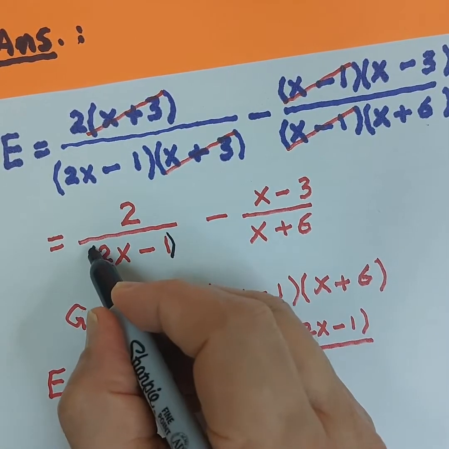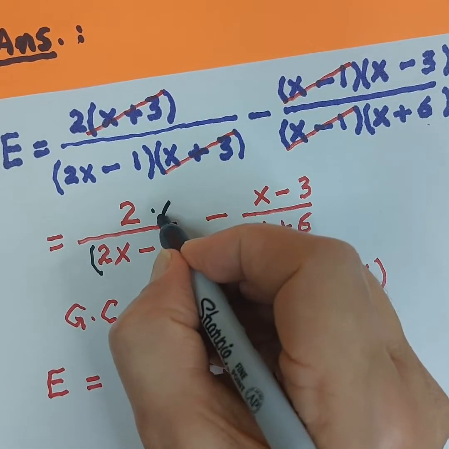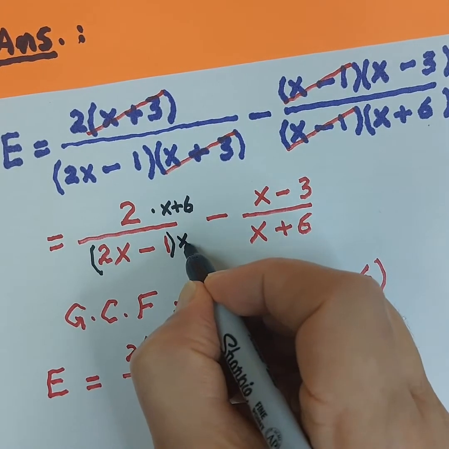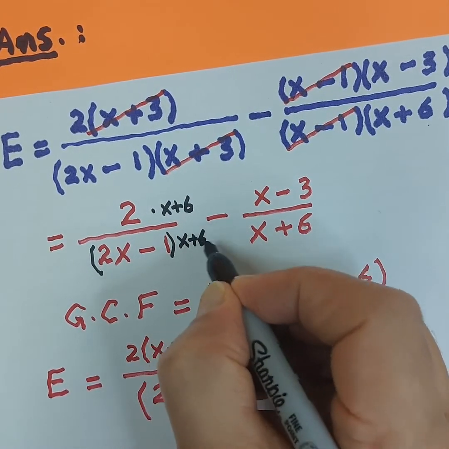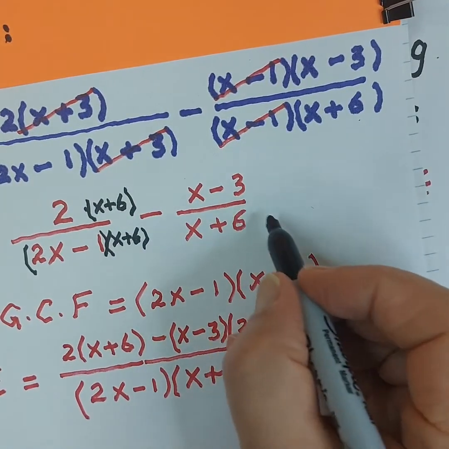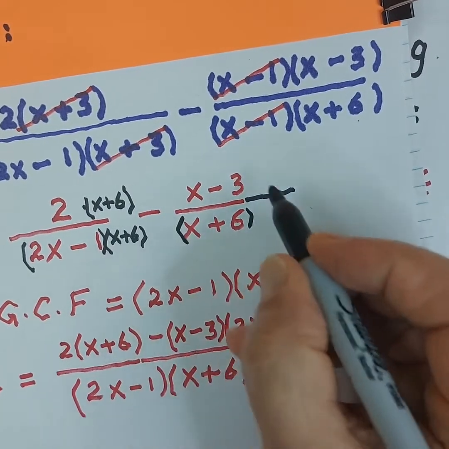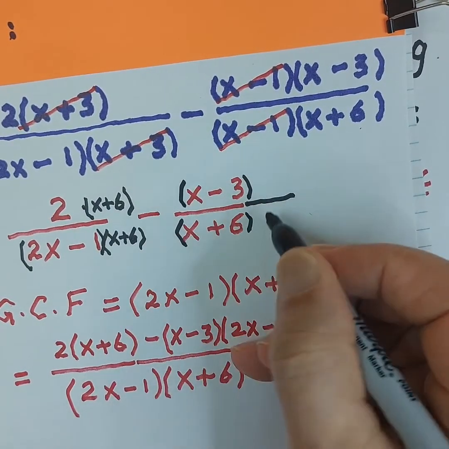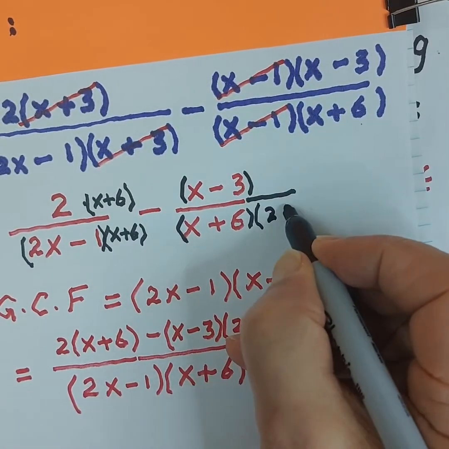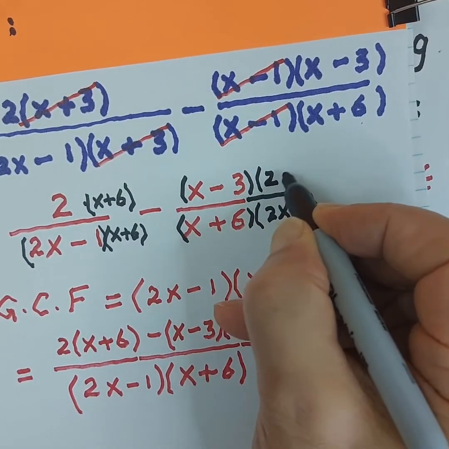Just multiply the numerator by x plus 6, here x plus 6, and this one just multiply by this factor, which is 2x minus 1, and put it here multiplied by 2x minus 1.